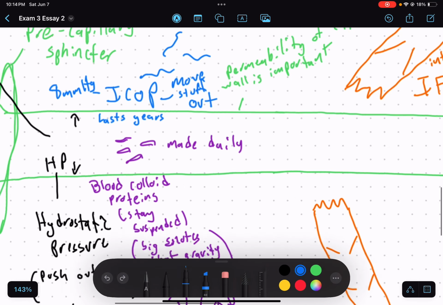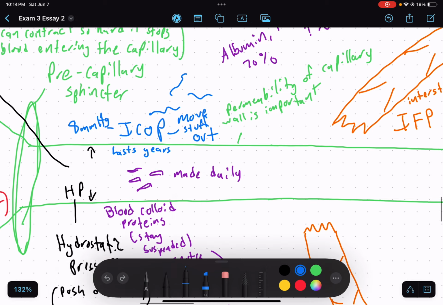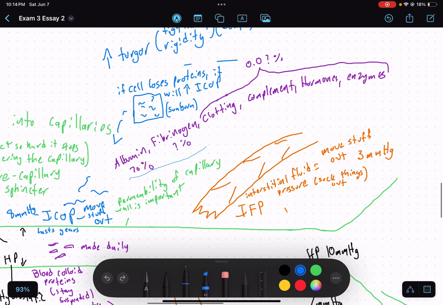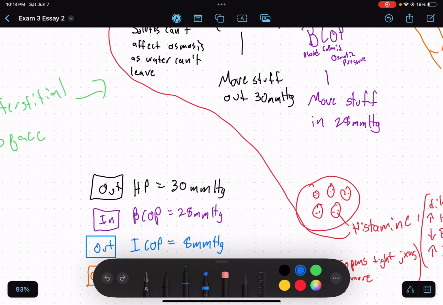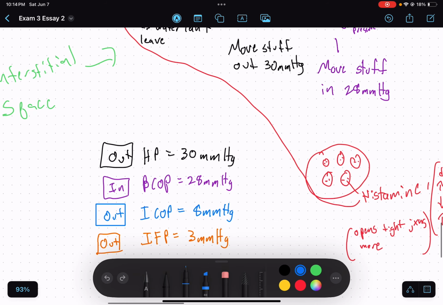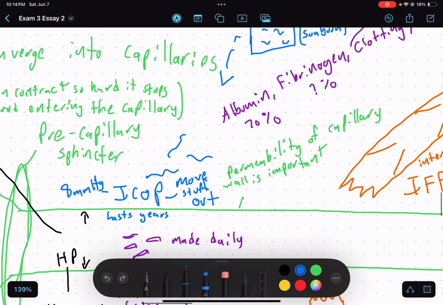Then we have what we call our blood colloid proteins, and that is going to consist of albumin, fibrinogen, clotting proteins, complement, hormone proteins, enzymes, etc. And those are going to allow the water to flow into the capillary at a pressure of 28 millimeters of mercury.